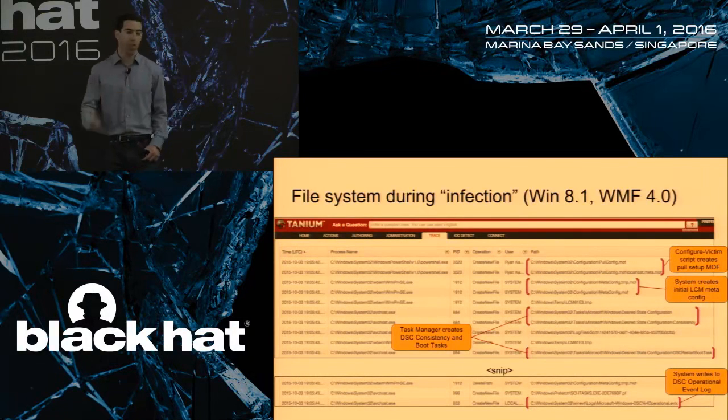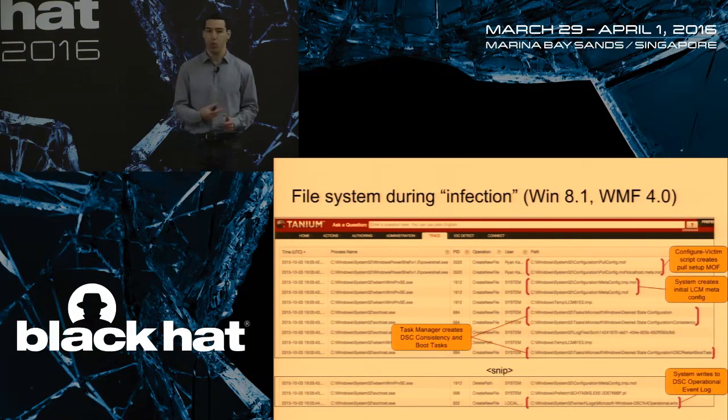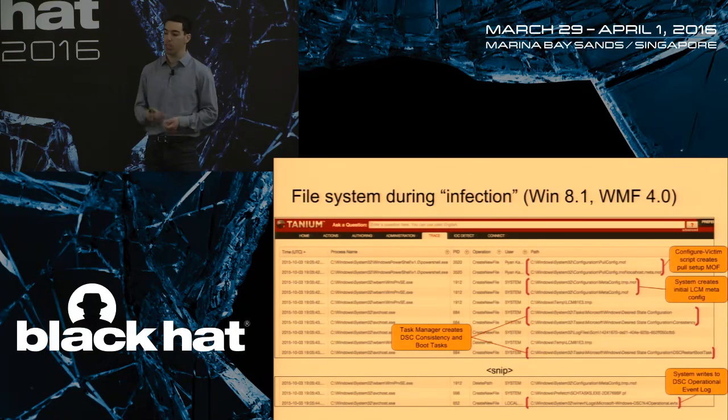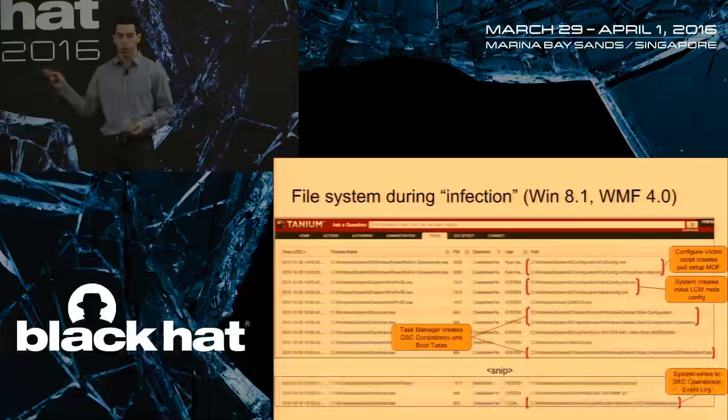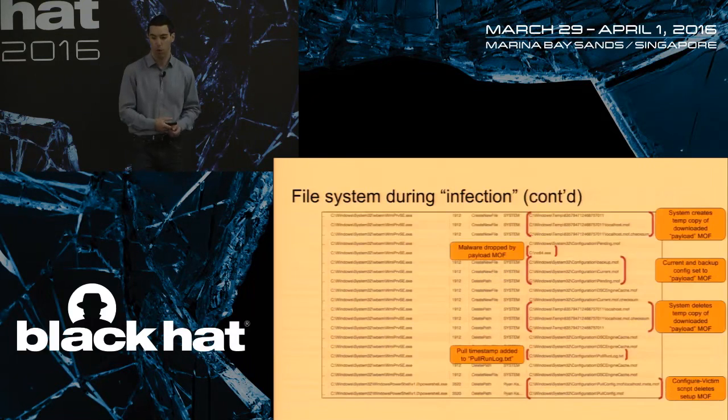And then the first time you use DSC, an event log will be created. It's an ETW tracing log called, not surprisingly, Microsoft Windows DSC operational.evtx. And that log will, as I'll show you some excerpts in a moment, actually record some useful data. So that log will be generated the first time you deploy a config as well. So all telltale signs the system has been changed in this way.